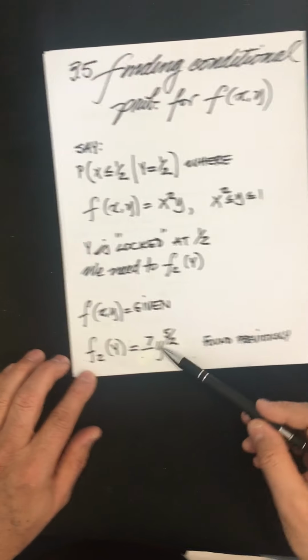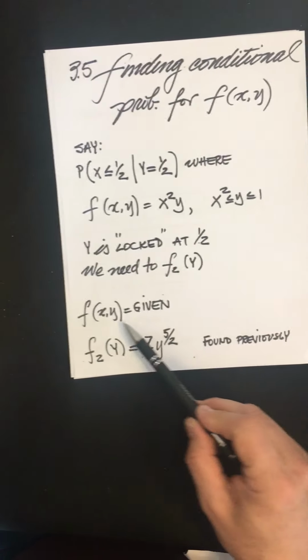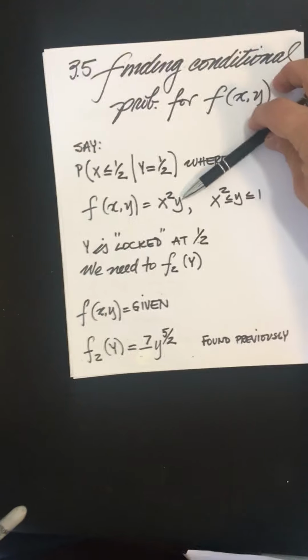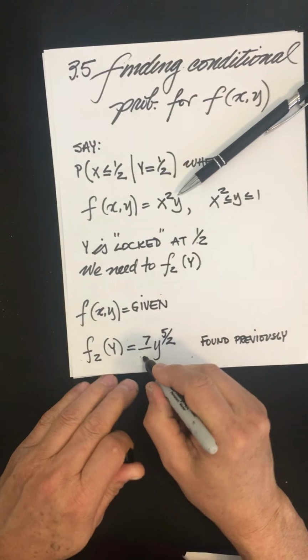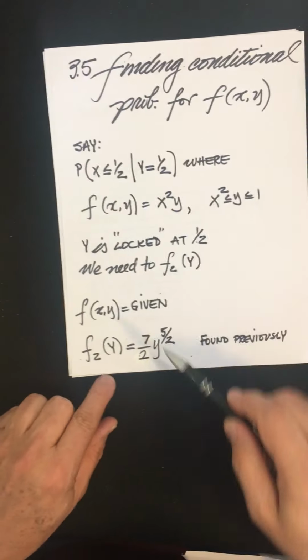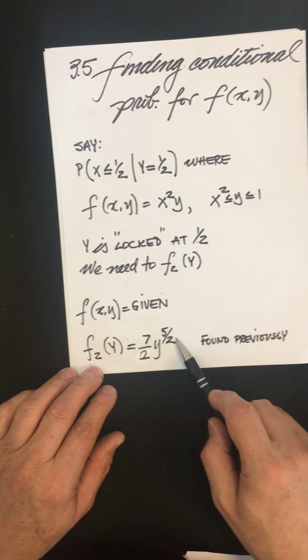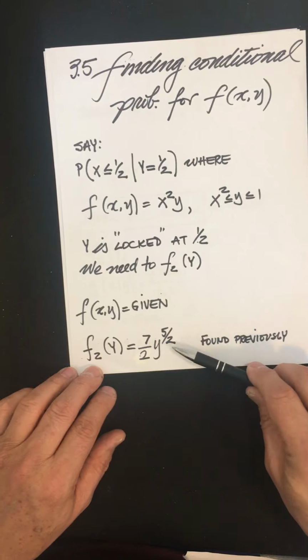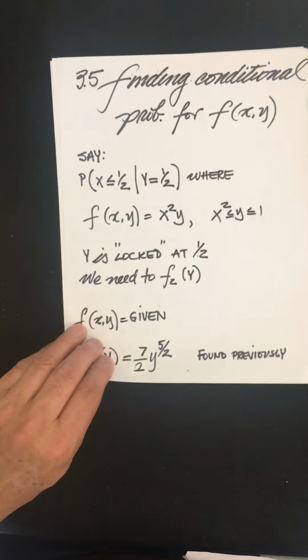Okay? So here we have the function of xy is given. The pen is pointing to it, and there is a number 2 here. The function 2 of y is 7/2 y to the 5/2. We found this function previously.